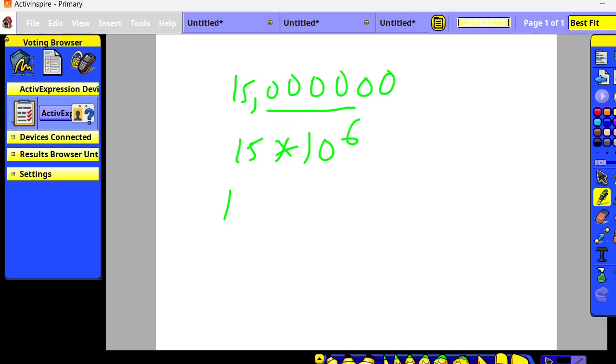You write it like this: 1.5 times, because you moved the decimal one place to the left, you add 1 to the exponent. If you move to the right, it's going to be minus 1. So 10 raised to 7. This is how you should write.